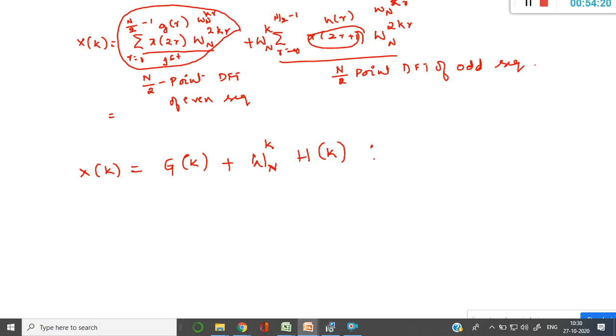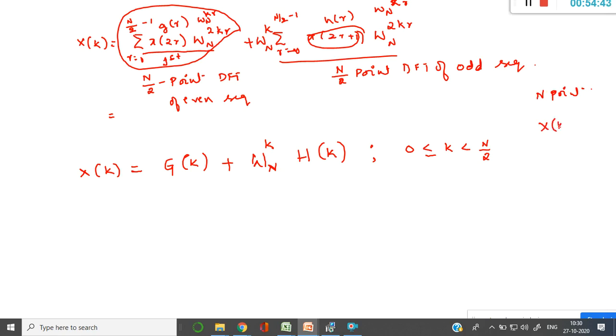Now, how many values will I get from g of k and h of k? Both limits range from 0 to less than n by 2, because this is an n by 2 point DFT, and this is also an n by 2 point DFT, but I need an N point DFT. How do you write it?